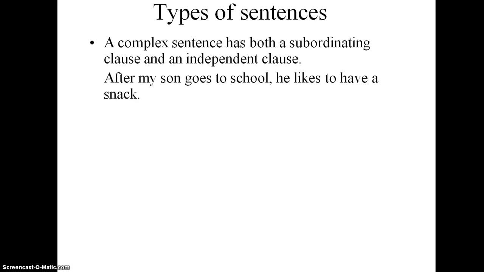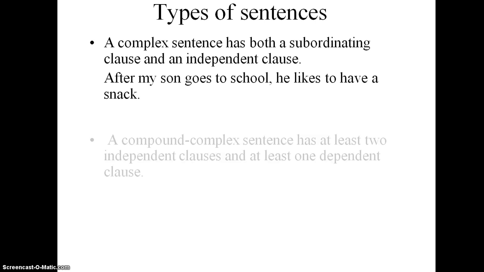Now, these are the subordinating conjunctions again. After my son goes to school. That's a subordinating clause, and it has a subordinating conjunction, which is after. He likes to have a snack. That's an independent clause. There is no subordinating conjunction in that particular sentence. After my son goes to school cannot stand alone. It has to be connected with an independent clause.